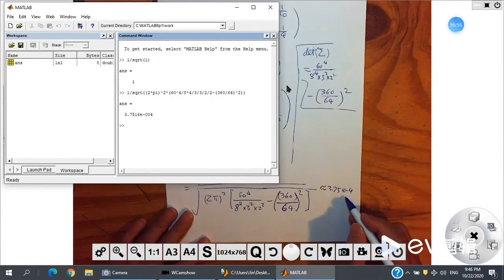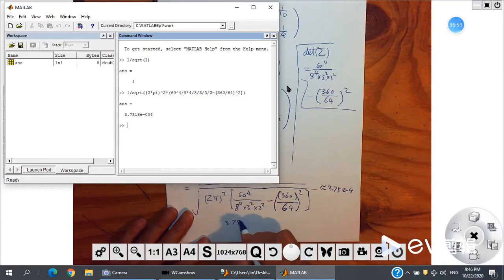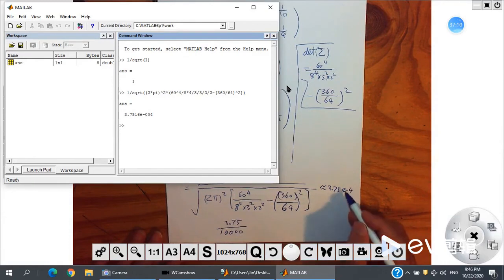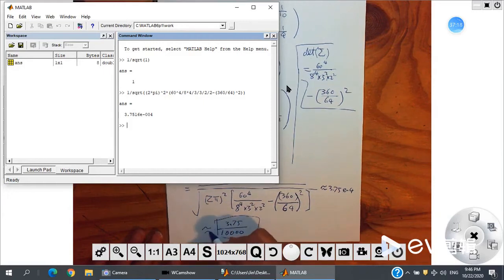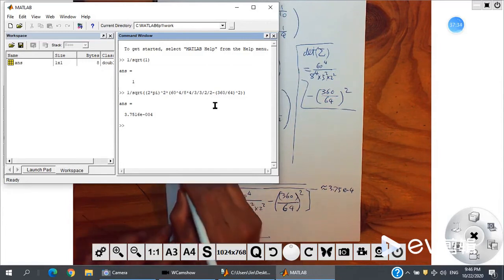So actually this is 3.64 over 10 to the fourth, 10 to the fourth. This one is a small number. Am I good? Yeah, it's fine. Okay, so we have C is this one.